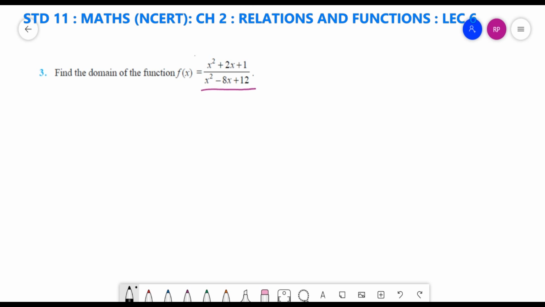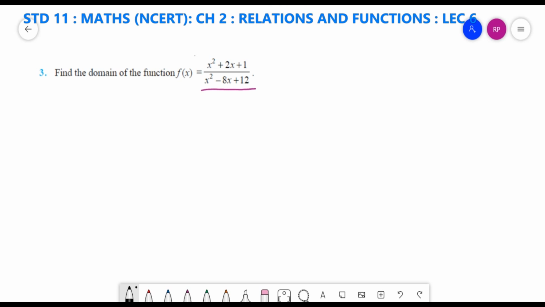Now you can take any value of x such that this function is defined, right? So this function should not be undefined. So you have to just find out for which value of x this function will be undefined, and that value of x you will not be able to take.